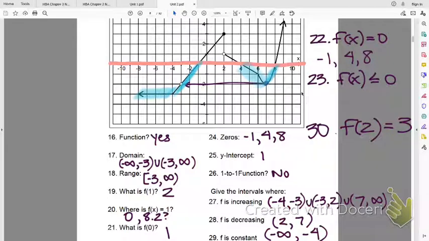Now, that first section does have that open dot in it. So my answer for 23 is going to end up being negative infinity to negative 3, skipping over negative 3, and going to negative 1 with a bracket because it is equal to. And then there's a third section that I'm just going to have to squeeze in here from 4 to 8.